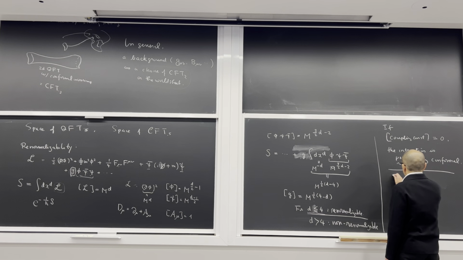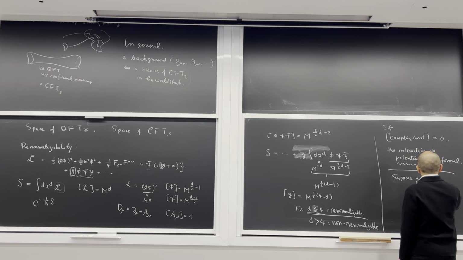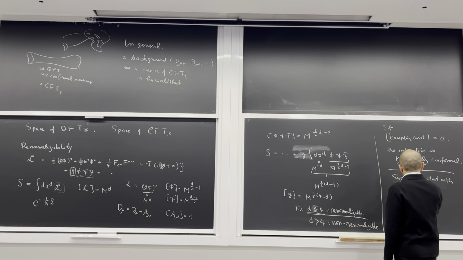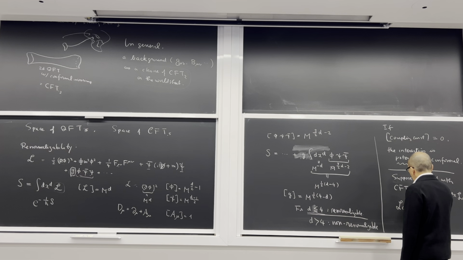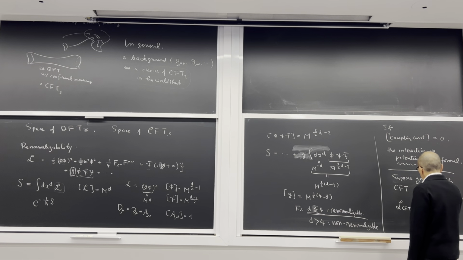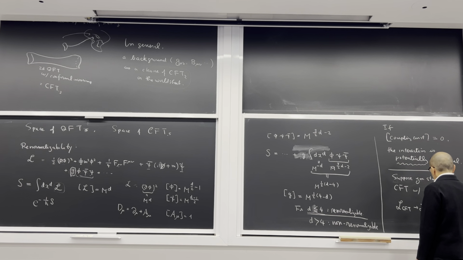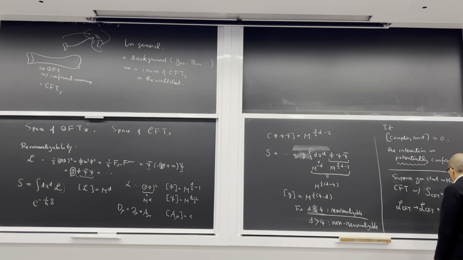Suppose you start with a CFT, with some Lagrangian, with some action, which is given by this integral of the Lagrangian density. And then suppose you perturb it. By that I mean add some interaction with a coupling constant.